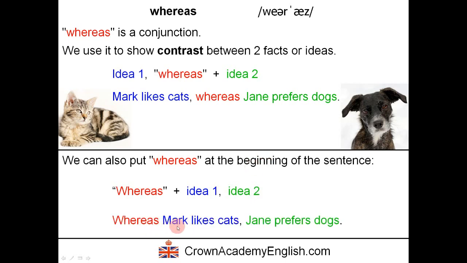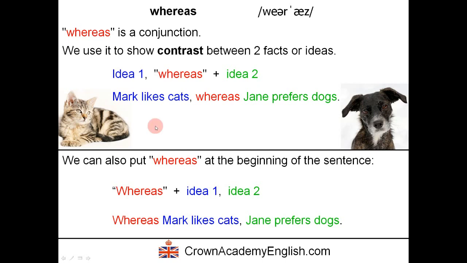So whereas Mark likes cats, Jane prefers dogs. And here is the comma here. The comma is obviously only important when we are writing. And when we are talking, we have a short pause here, a short pause in speech. So whereas Mark likes cats, Jane prefers dogs.